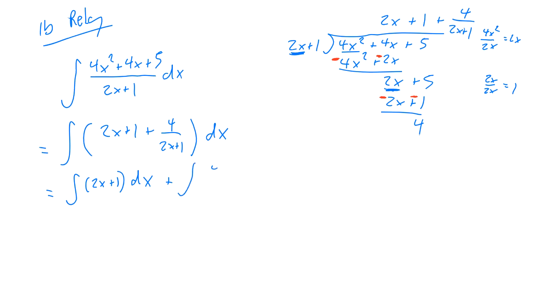The 4 over 2x plus 1 is going to require u-substitution, so I'm going to break that off into a separate integral. Now the first integral, 2x plus 1, I get x squared plus x, and I'm done with that. And I'll also bring the 4 out of the second integral, so I can focus on the part that requires a substitution.